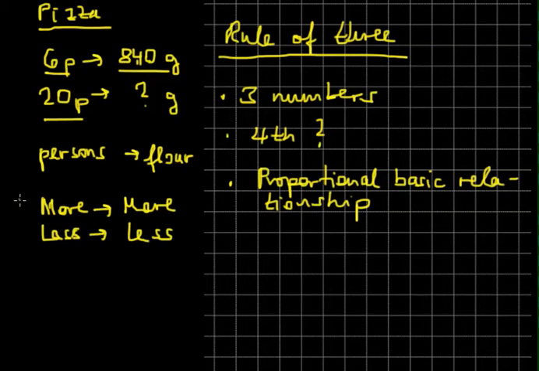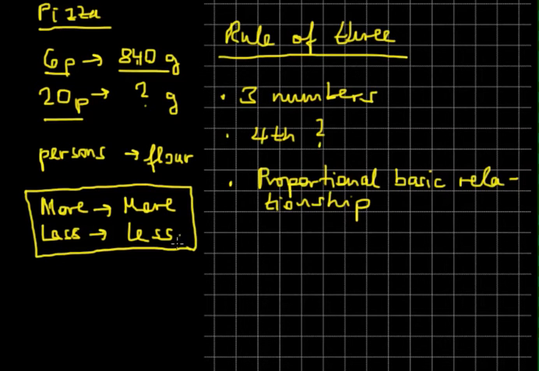And this is an important assumption here because this video is based on these proportional assumptions, which in our case is given because the more people you invite to your party, the more flour you need to buy. The less people you invite to a party, the less flour you need to buy.